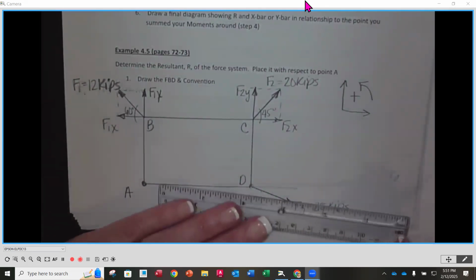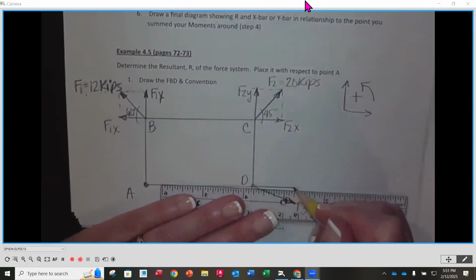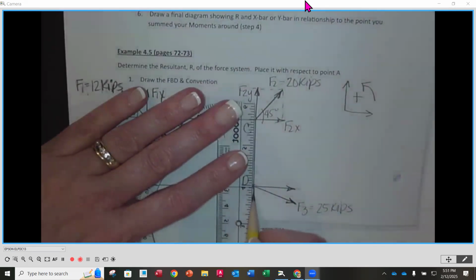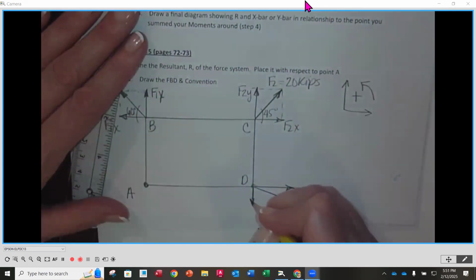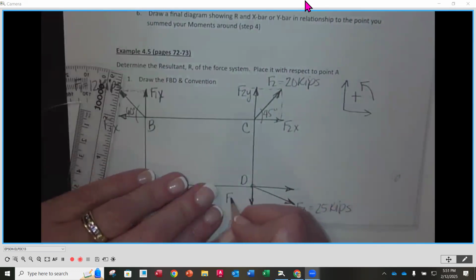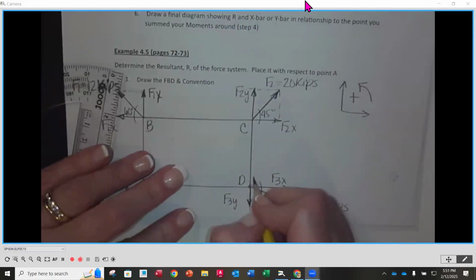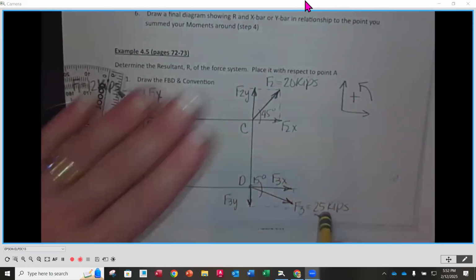And then we're going to have an X and a Y. The X is going to go to the right, and the Y is going to go down. So this is going to be F3Y, F3X. And this is 15 degrees.